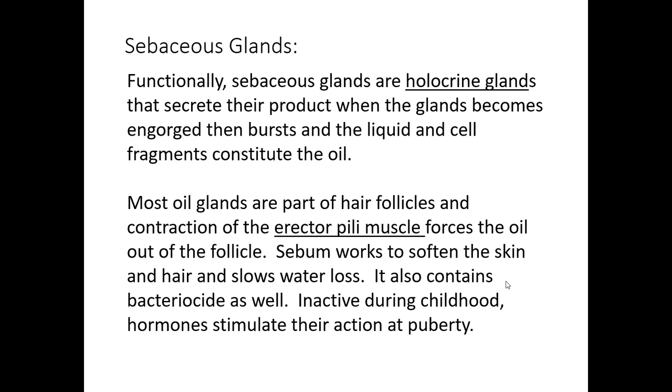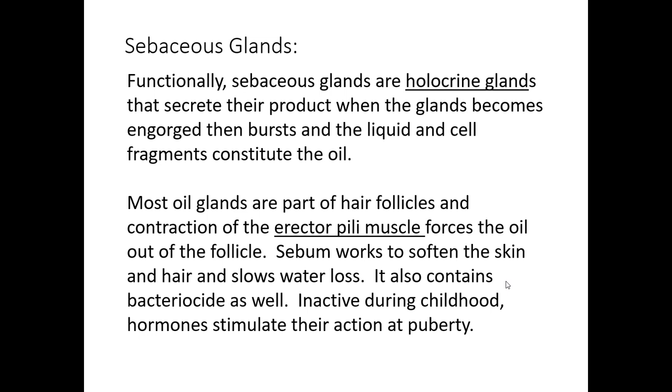Most oil glands are part of hair follicles, and the contraction of the erector pili muscle forces the oil out of the follicle's base. Sebum works to soften the skin.